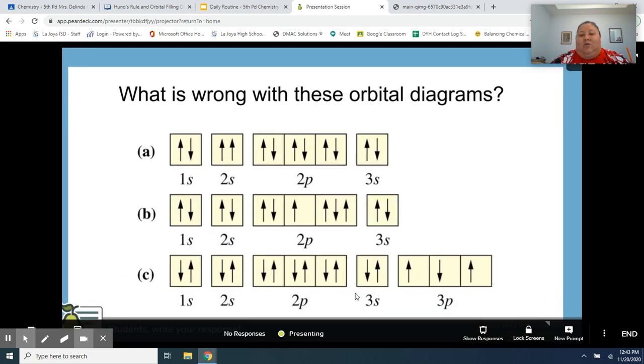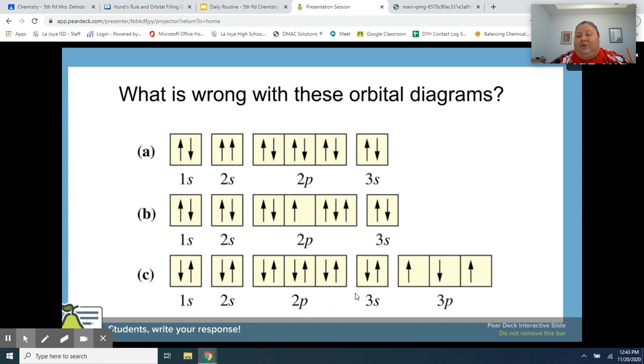You have orbital A. You got 3 orbital diagrams, A, B, and C. All of them are wrong. Tell me what is wrong with A, what is wrong with B, or what is wrong with C. Pick one. Alexia, I want you to try letter A. See if you can figure out what's wrong with it.